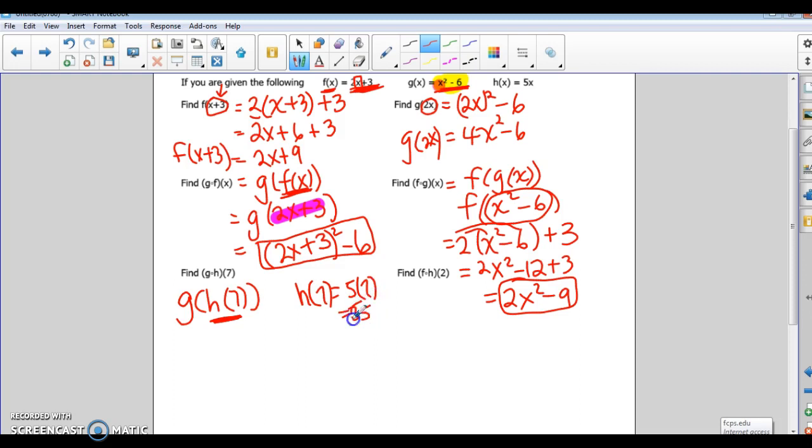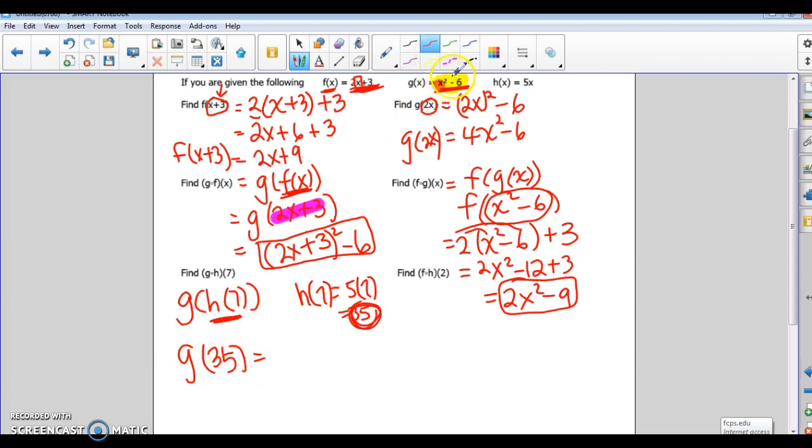This time we have output of number. So I just need to put that output instead of h of 7. h of 7 is same as 35, so I'm going to just put g of 35. Can I do that? I just substituted 35 with h of 7. Then, now we're simply doing g of 35.